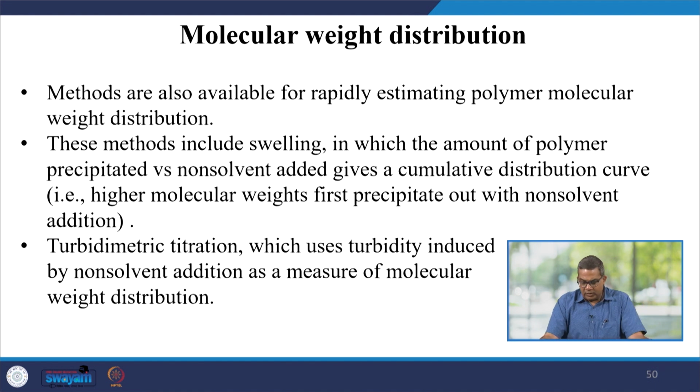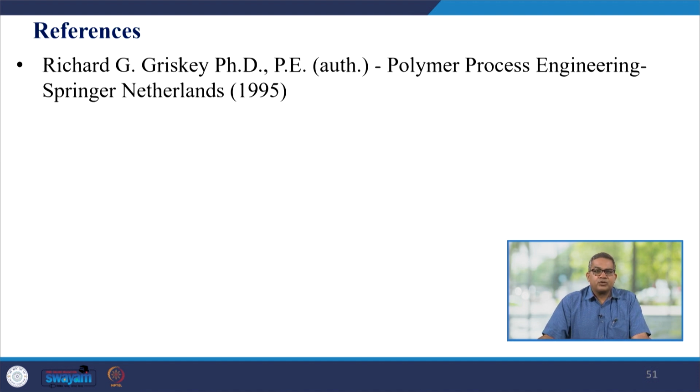Methods are also available for the rapid estimation of polymer molecular weight distribution. These methods include swelling, in which the amount of polymer precipitated with respect to the non-solvent added gives the cumulative distribution curve. Higher molecular weight first precipitates out with the non-solvent addition. Then turbidimetric titration uses the turbidity induced by the non-solvent addition as a measure of molecular weight distribution.